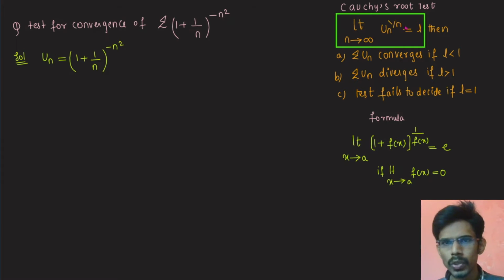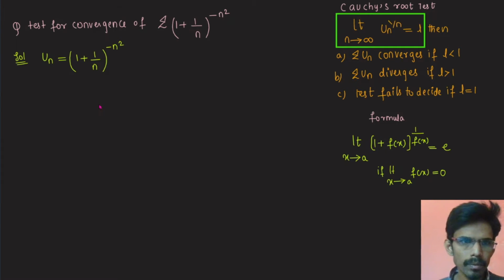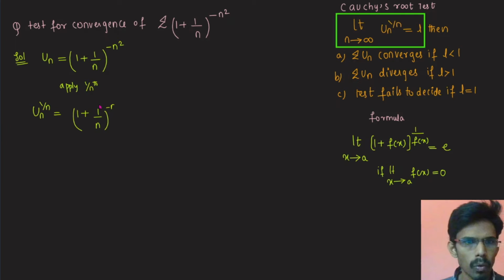Now here in Cauchy's root test, we want un power 1 by n. So apply 1 by nth root on both sides. So we have un power 1 by n, and here we have 1 plus 1 by n whole power minus n square, whole power 1 by n.